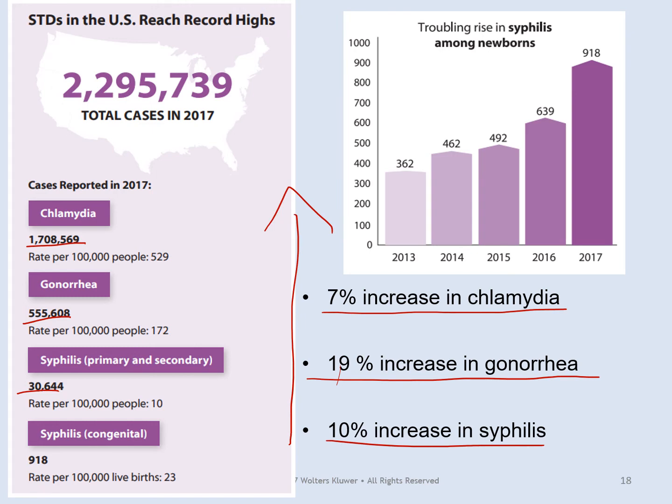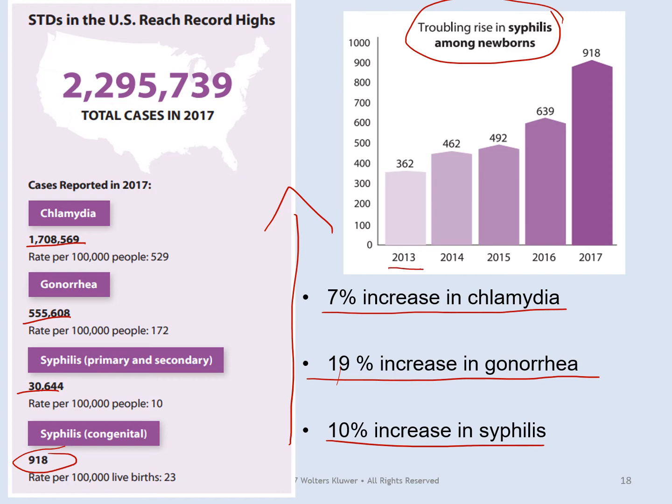What's particularly concerning here is this congenital syphilis, 900 cases of congenital syphilis. Congenital syphilis means a baby who was born to a mother who has an active syphilis infection, and then that syphilis passes to the baby. We'll talk about what syphilis does in newborn babies in a little bit, but it's not pretty. And this rise in syphilis in newborn babies is incredibly concerning.